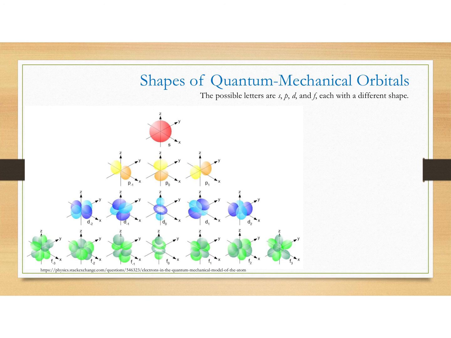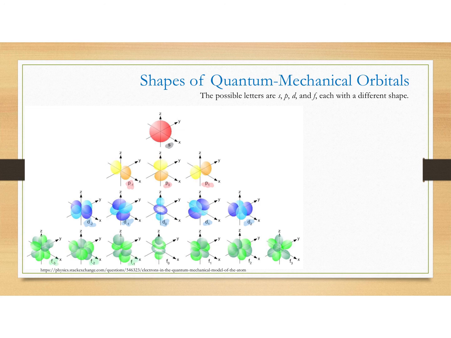So you're not going to need to know these different types of quantum mechanical orbital shapes. But the things I do want you to know, let's start off with, we have the S, we have the P's, we have the D's, and we have the F's.